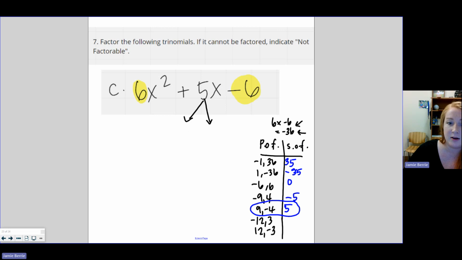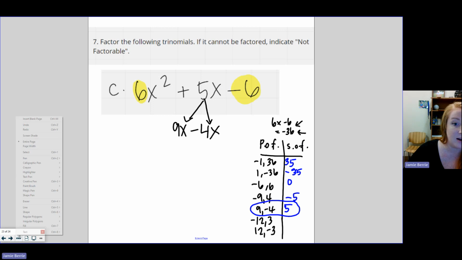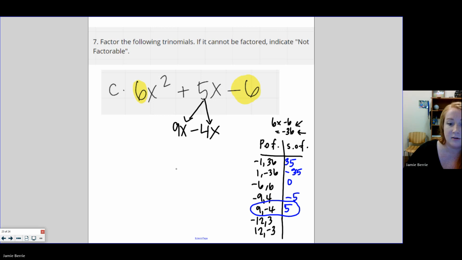So this is going to become 9x minus 4x. Would y'all agree that 9x minus 4x is the same thing as 5x? Yeah. 5x is the same thing as 9x minus 4x.